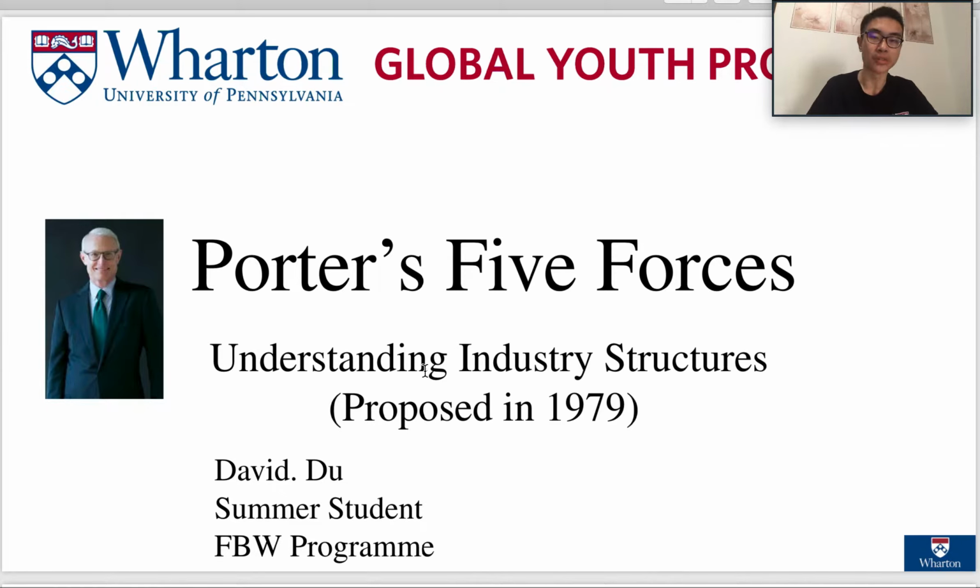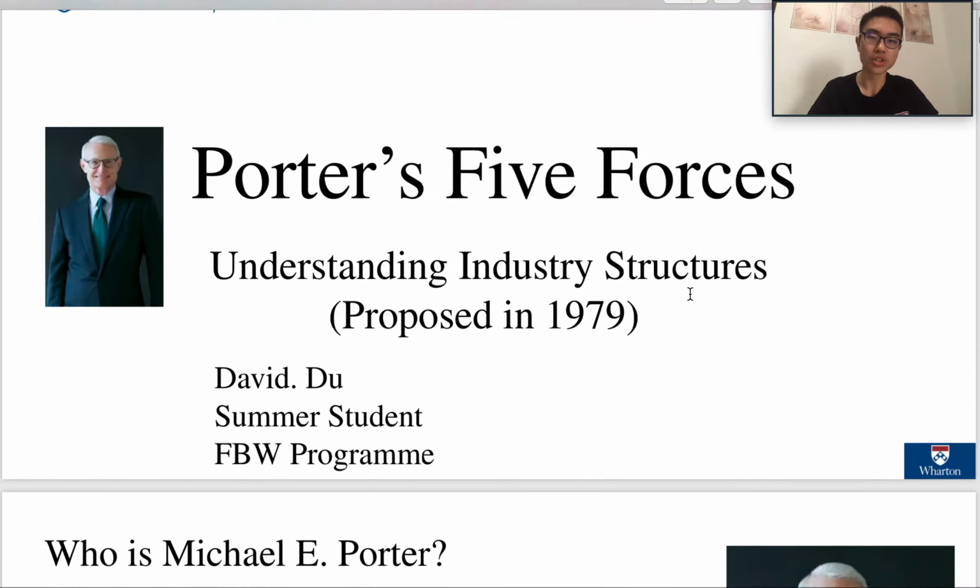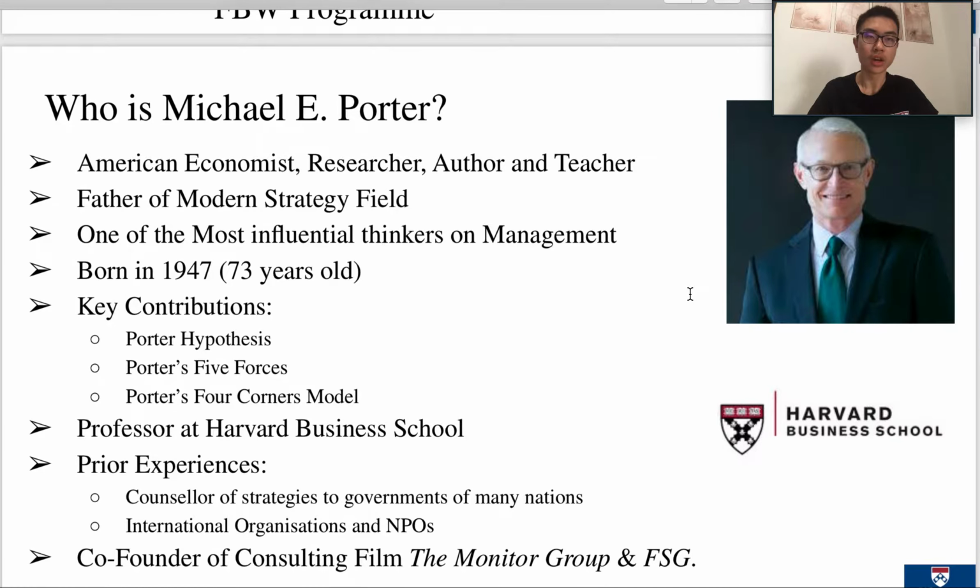Okay, so understanding industry structures, Porter's 5 forces was proposed by Michael Porter in 1979. So who is Michael Porter? Let's find out. Michael Eugene Porter is an American economist, researcher, author, and teacher.